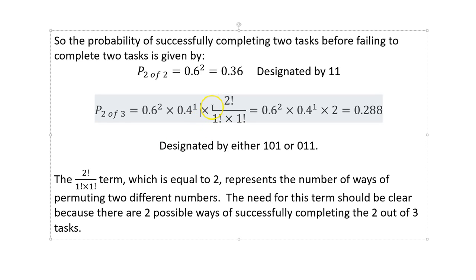And this is the number of ways of doing that. You're really permuting 2 numbers, 0 and 1. The number of ways of permuting them is 2 factorial over 1 factorial times 1 factorial. So the probability of completing 2 out of 3 is 0.288. Okay, you put those 2 together and you get the probability of completing 2 tasks.